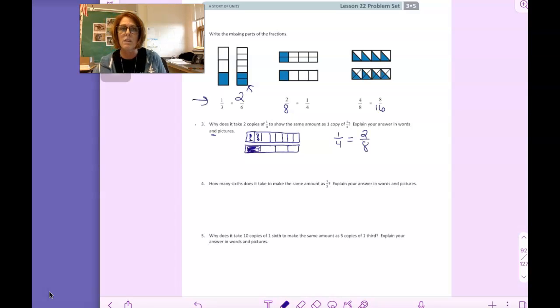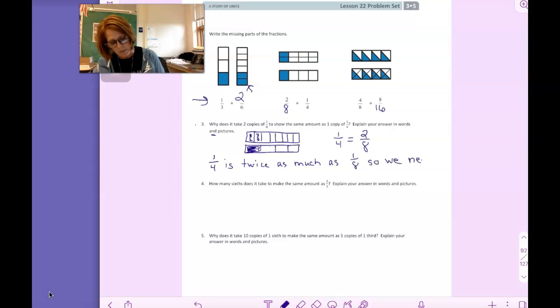They're getting 2 times larger. So we're going to say 1/4 is twice as much as 1/8. So we need 2 copies of it to equal the same amount.